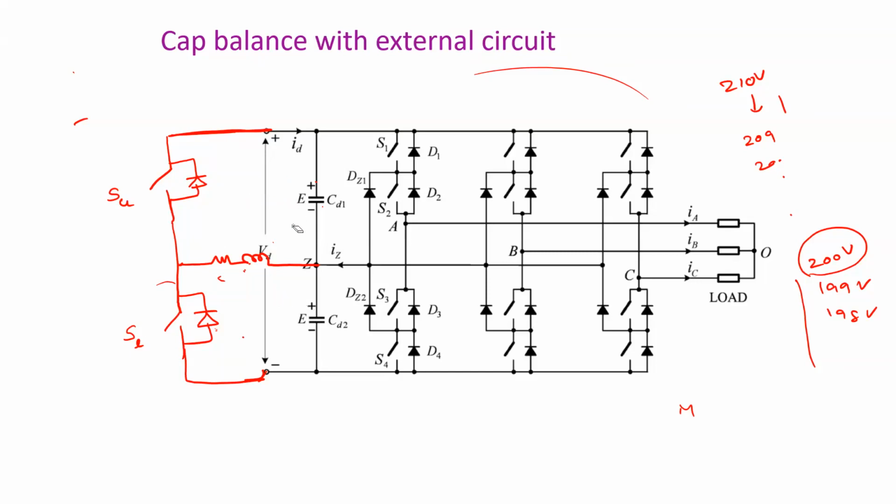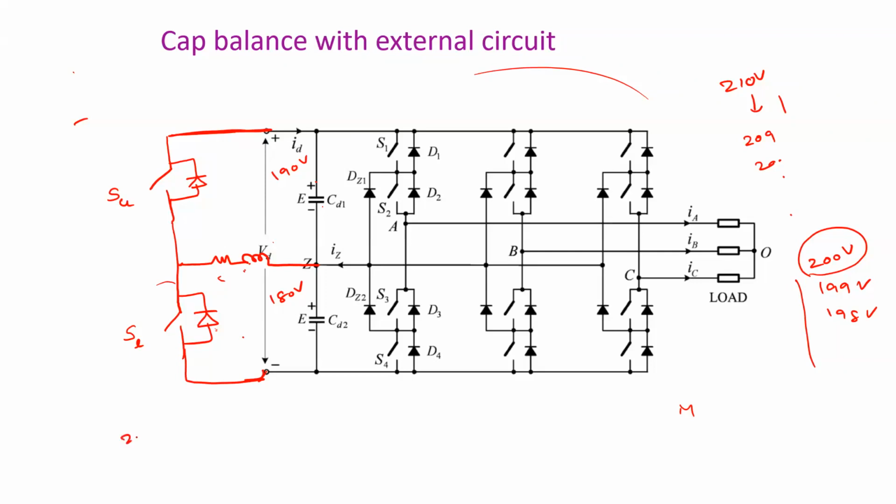There are some cases. For example, this is 190 volts and this is 180 volts. In this case, which switch is on? SL. Why SL? Upper switch.